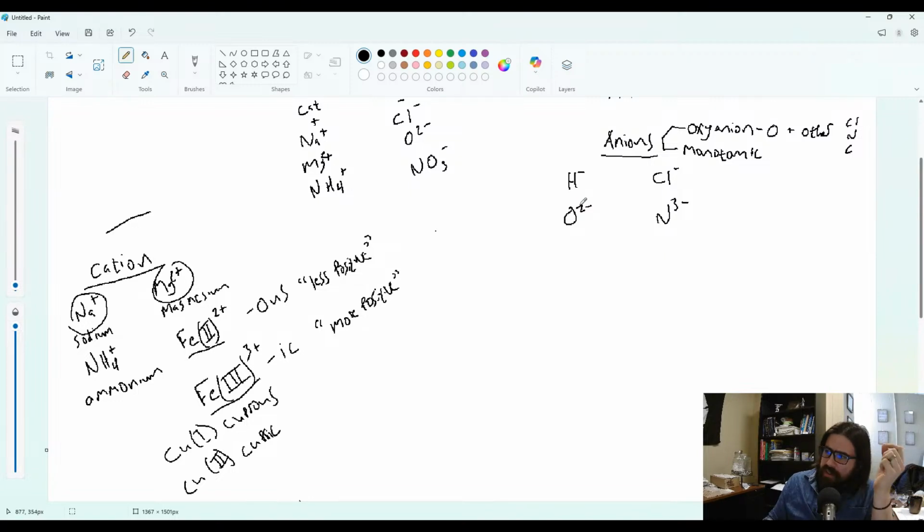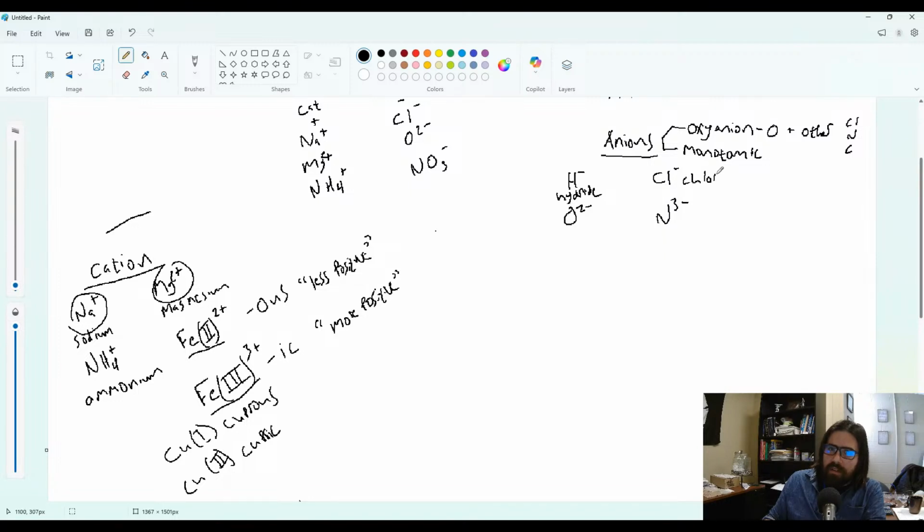The only thing you have to do for a simple monatomic anion is remove the suffix at the end and then replace that with an "-ide." So hydrogen goes from hydrogen to hydride. Chlorine goes from chlorine to chloride.